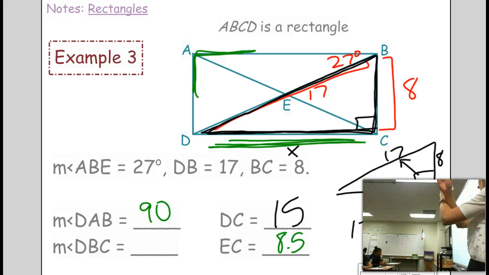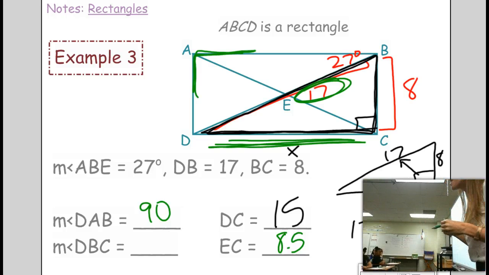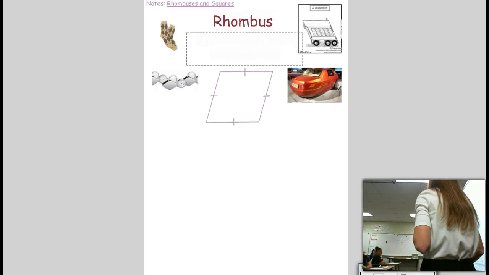Diagonals bisect each other. What number do you split in half? 17! Yeah! The diagonals cut each other in half, so cut the diagonal in half. You said y'all don't have those angles, so we'll move on. We won't do the angles.